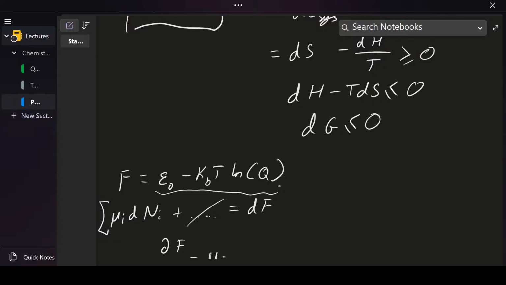And the way I'm going to do this is I'm going to break down my big partition function Q, which represents my total system, into the partition functions of multiple different molecules.